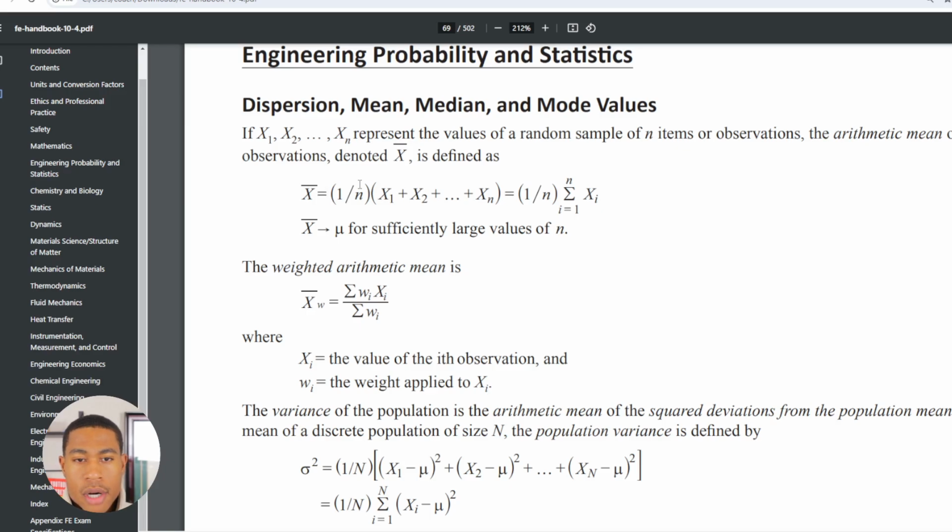What is mode? Mode is what repeats itself the most. In your data set, you're going to have a bunch of data given to you.